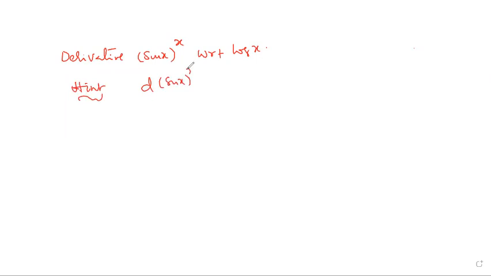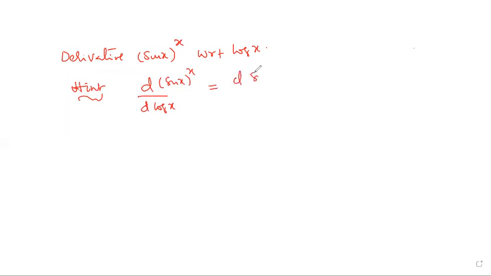See, one more problem: the derivative of sin x power of x with respect to log x. I will do it very simply. First I will write the derivative of sin x power of x. Doing it directly with log x is not possible.